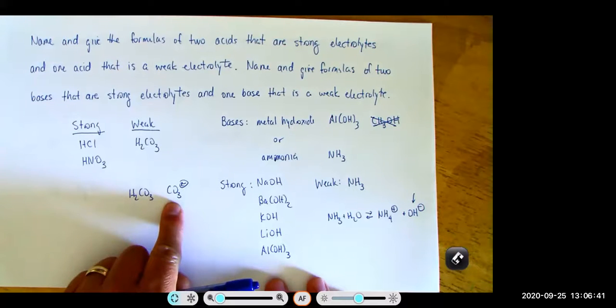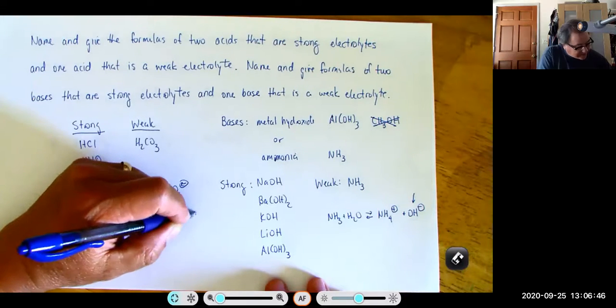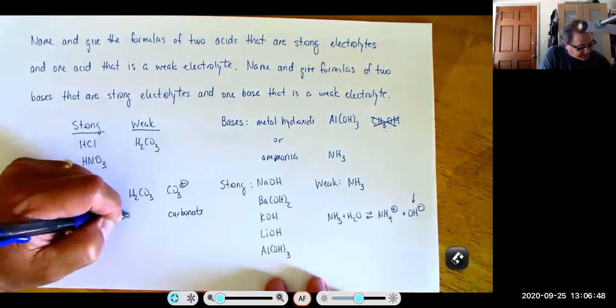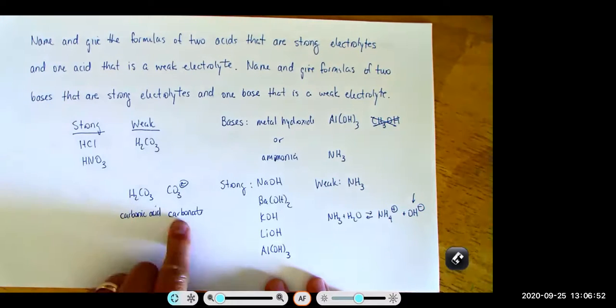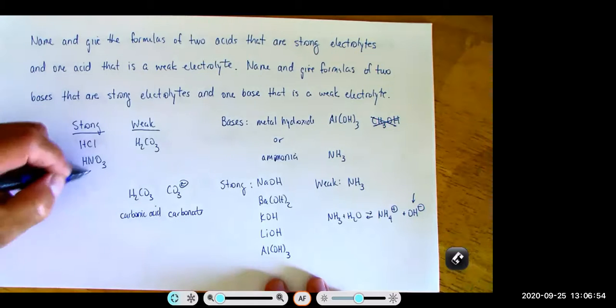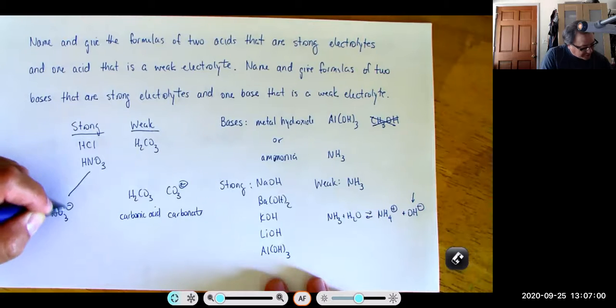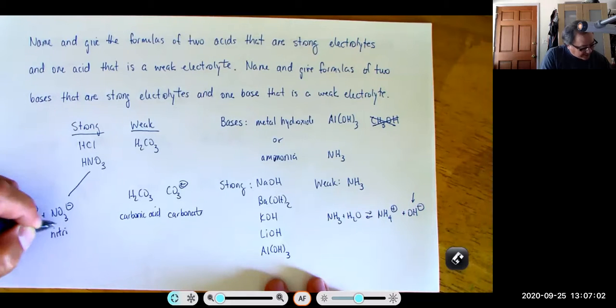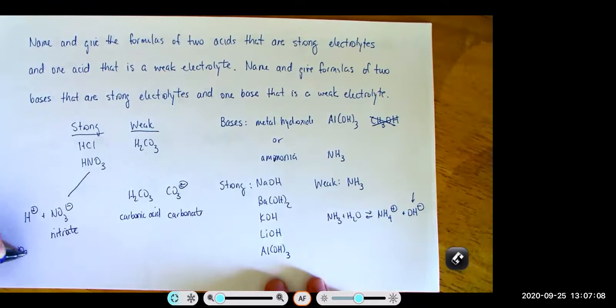This is called carbonate. This is called carbonic acid. Do you see the origin of the name? And this one looks like nitrate. So what would the acid be called? Nitric acid.